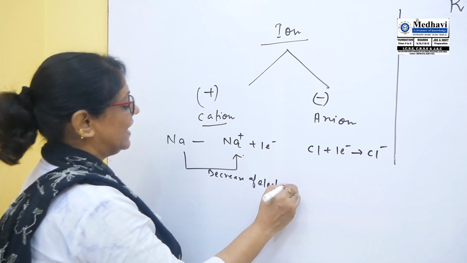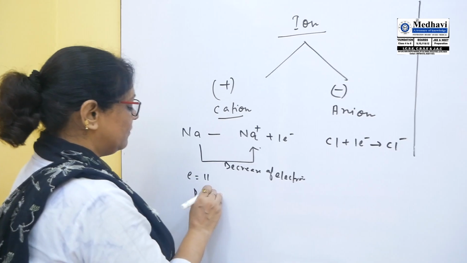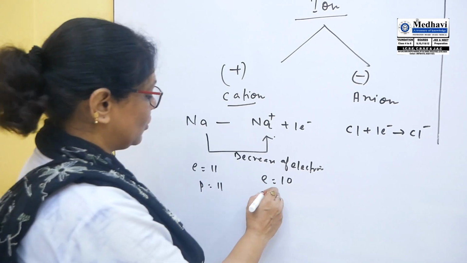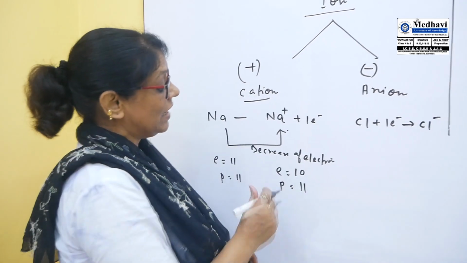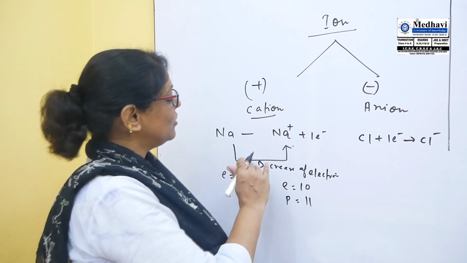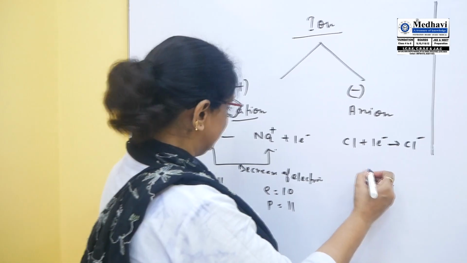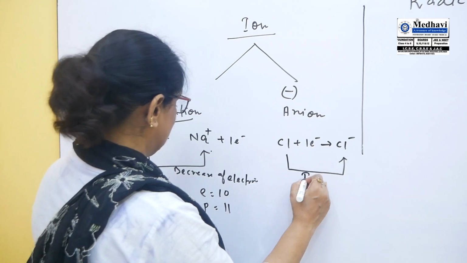So we can say that here sodium has 11 electrons, sodium has 11 protons. Here the electrons of sodium are 10, whereas the protons of sodium are 11. No change in protons. It is the electrons that will either increase or decrease. So while forming an anion, there will be an increase of electrons.